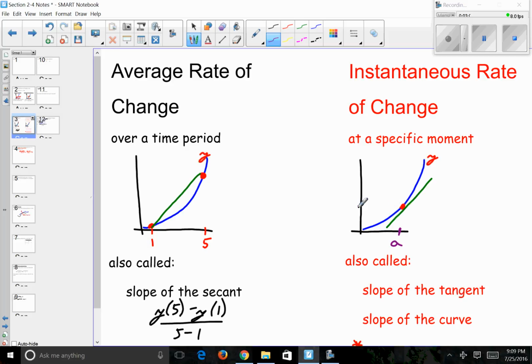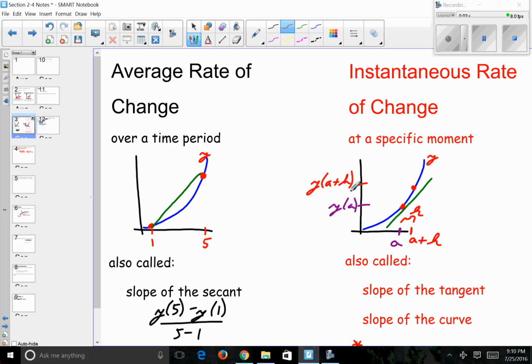And so the way this is approached is we say, well, I know I have this point. I'm going to say it's at A and y of A. And I'm going to go ahead and pick a point that's just a little bit over to the right and say that that's h to the right of A. So this distance right here would be h, which means that my x-coordinate is A plus h. Then I have a point there at y of A plus h.